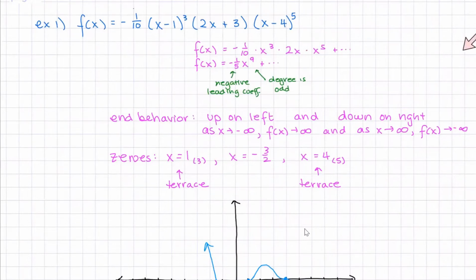There's going to be other stuff that I don't care about. If I multiply all that together, it's going to be negative 1/5 x to the 9th. The degree is odd, so I think about a line with a negative slope. That goes downhill, which means it's going to be up on the left and down on the right. So any questions on end behavior?